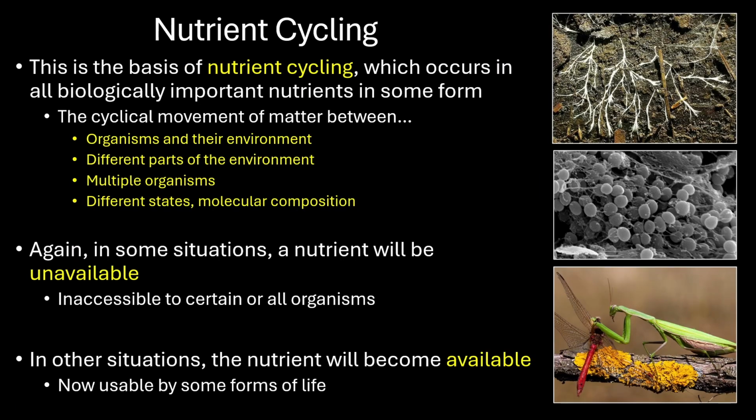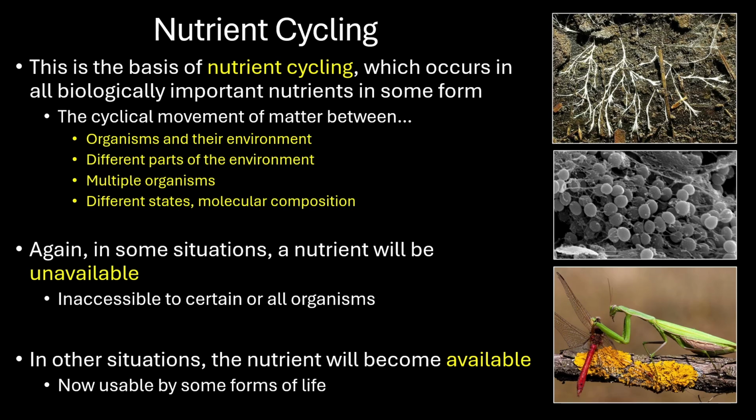So this whole concept is the basis of something that we call nutrient cycling, which really occurs in all of these biologically important nutrients in some form. Whether we're talking about phosphorus or oxygen or nitrogen, what have you. And so we have this movement of nutrients that pass through different forms over the course of time.